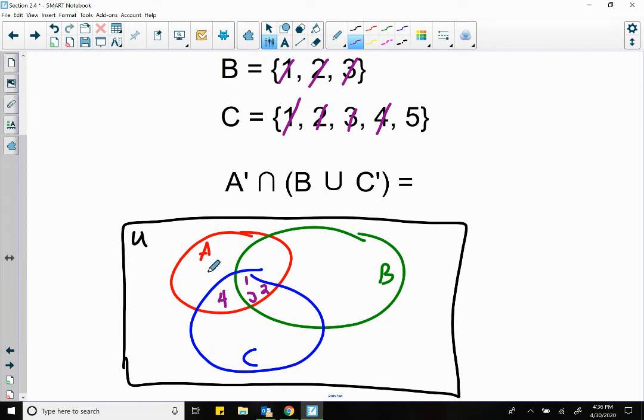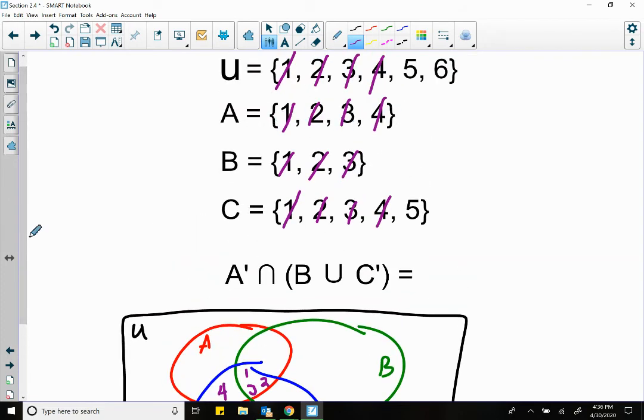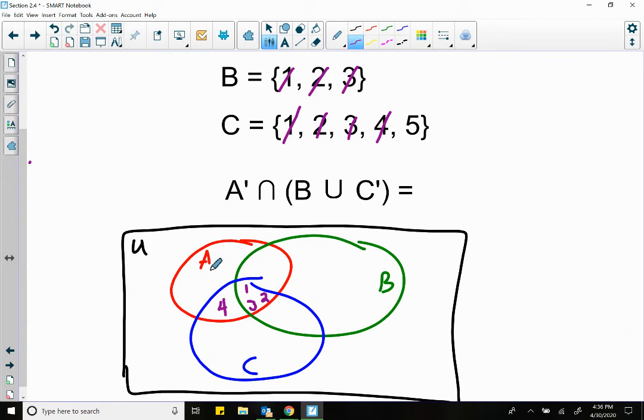Now let's take care of out here. Is there anybody left in A? Nope, it's all crossed off. So we don't put anything out here in A. Is there anybody left in B? Nope, it's all crossed off. Nothing out here. Anybody left in C? Yep, there's a 5. So we put the 5 down here. Cross off the 5.